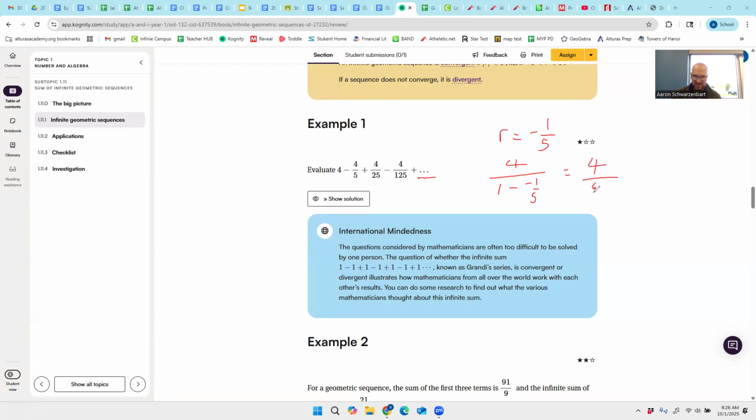That's 6/5. So multiply by my reciprocal. 20 over 6. 10/3 is my sum.